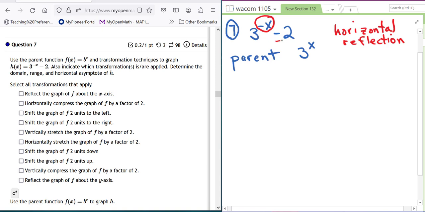Right, and it has a vertical shift of 2. This will affect your asymptote. Your original asymptote would be y equals 0. Your new asymptote will be y equals negative 2.